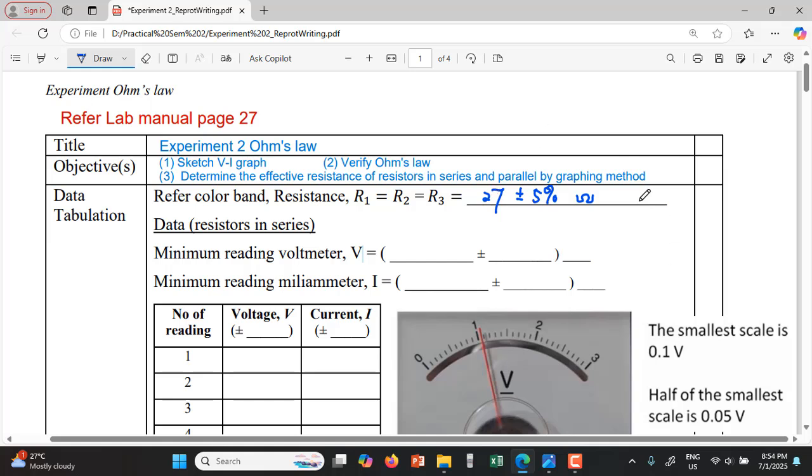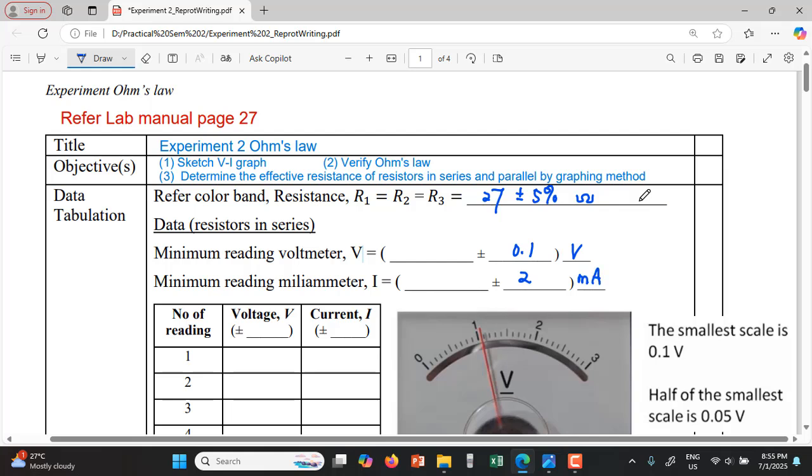Okay. Then by referring to the smallest divisions of the voltmeter used, the smallest division of the voltmeter is 0.1 volt, and the smallest division for the milliammeter we use is 2 milliampere.